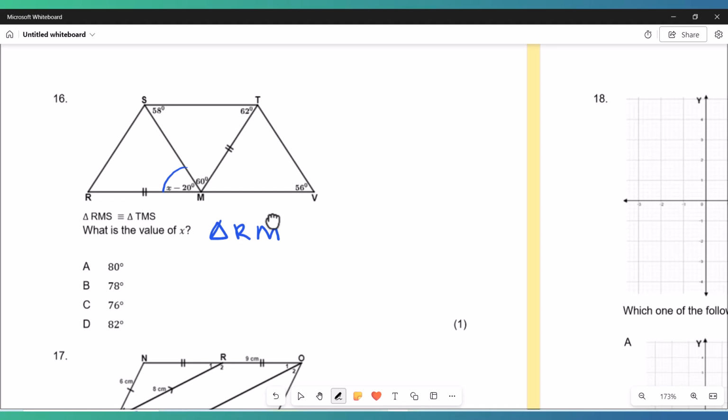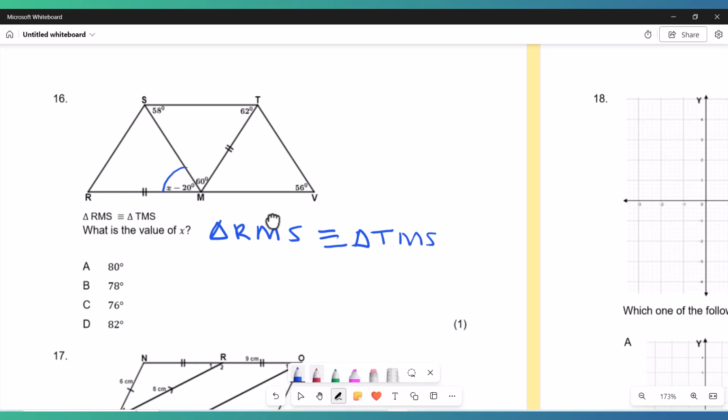I repeat, if triangles are congruent, then they have equal sides and equal angles. So because I'm looking for the angle, my angle R should be equal to angle T, this T here.